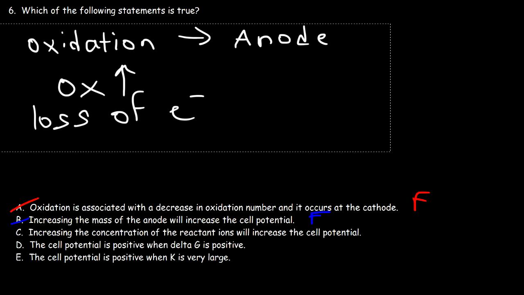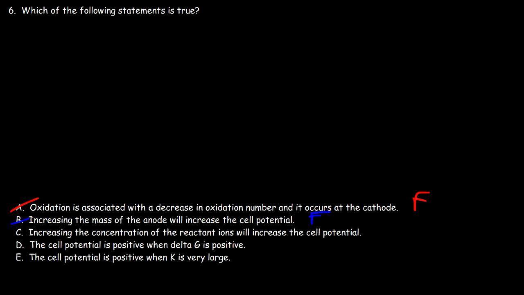Now if you change the concentration of the reactants dissolved in the solution, that will change the cell potential. Part C. Increase in the concentration of the reactant ions will increase the cell potential. That is true. If the reactant ions increase in concentration, the cell potential will go up. If you increase the product ions, the cell potential will go down. So C is the answer.